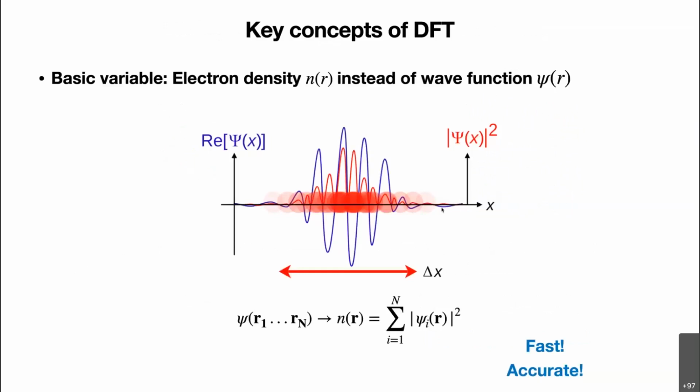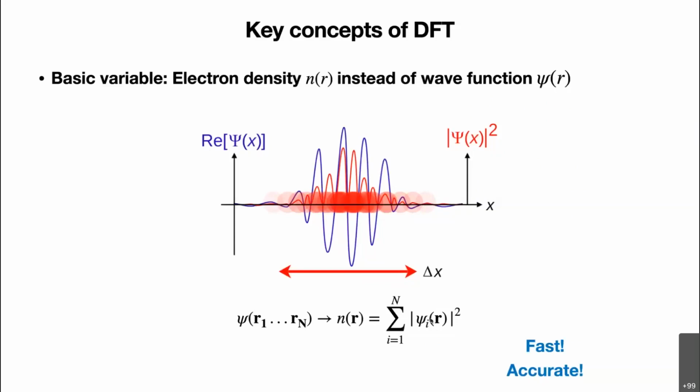Okay, so this is the very important concept in DFT calculations. We basically use the electron density instead of the electron wave function. This blue line corresponds to the electron wave function. The left one is the electron density, which is defined by the square of the electron wave function.